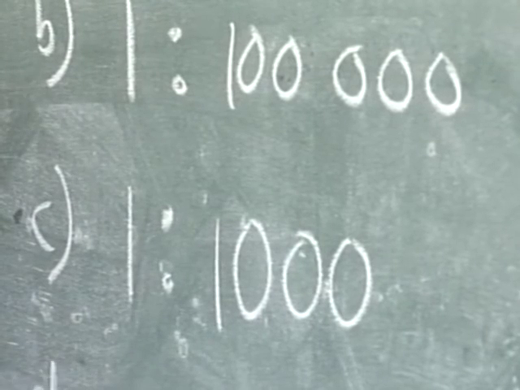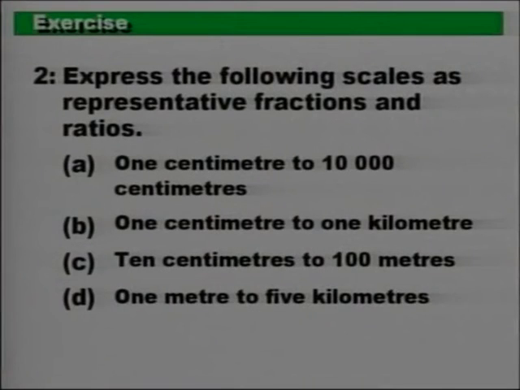Finally, the last one in a representative fraction, 1 meter to 5 kilometers. Because this is already 1, it would be okay, but we need to change these kilometers to meters. So how many meters are there in a kilometer? 1,000. So we simply multiply by 1,000.